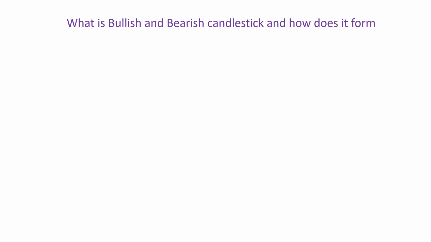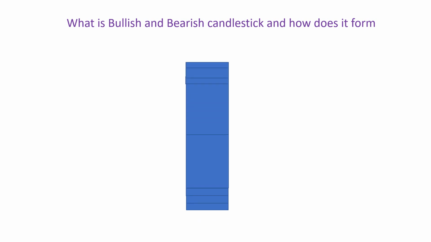What is a bullish and bearish candlestick and how does it form? Let's assume this is a candlestick and the time frame of this candle is D1. It means this candle represents 1 day of trading. So in the morning, the price opened right here. Now the price may go up or may go down.